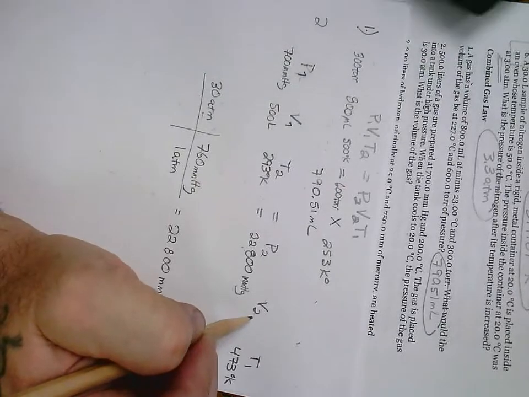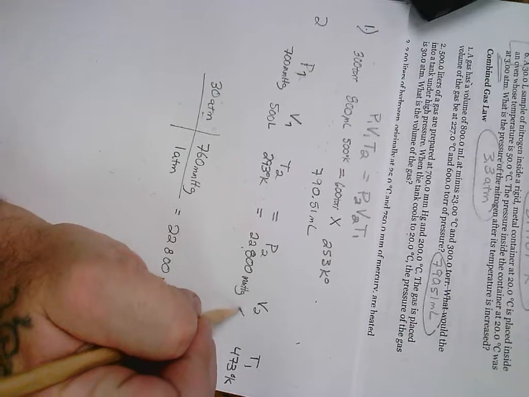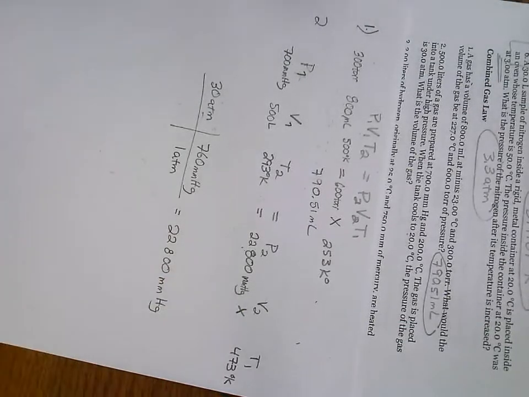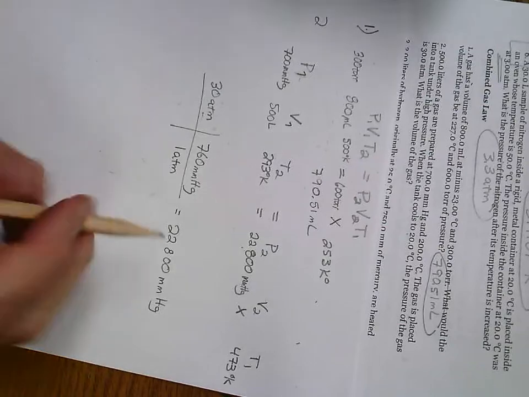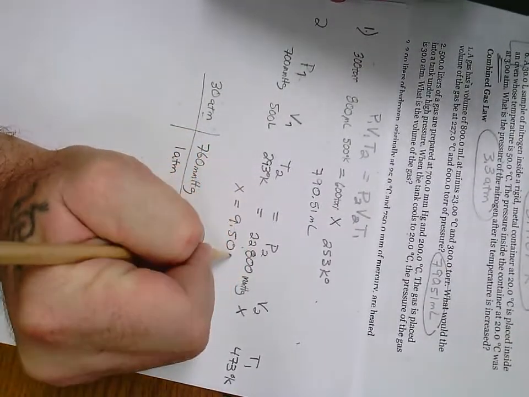And so it looks like for number 2, we are looking for the volume of gas. The volume. Okay. 700 times 500 times 293, enter, divided by, and I'm going to do parentheses this time, 22,800 times 473. So I have X equals 9.50 liters.